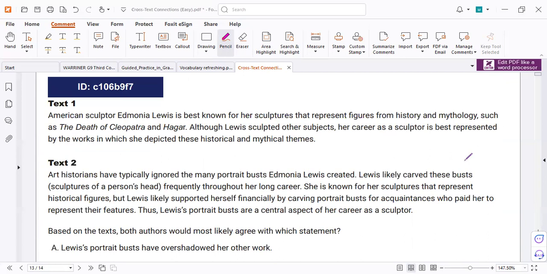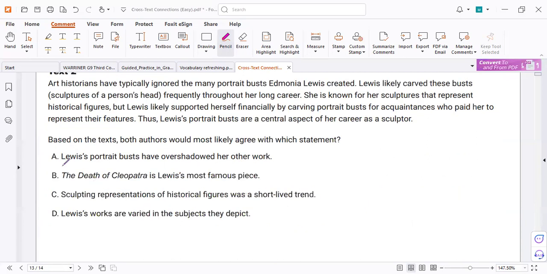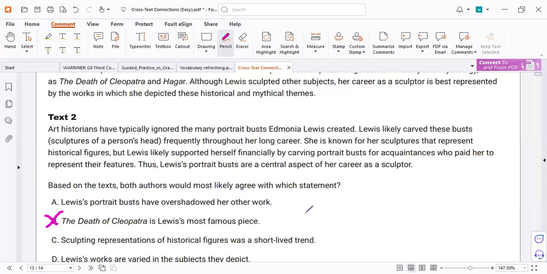Here is B. Letter B, I don't think so. No, we remember both of them.